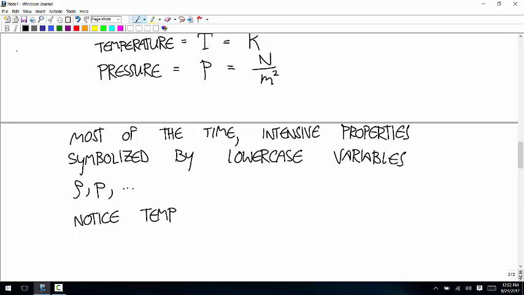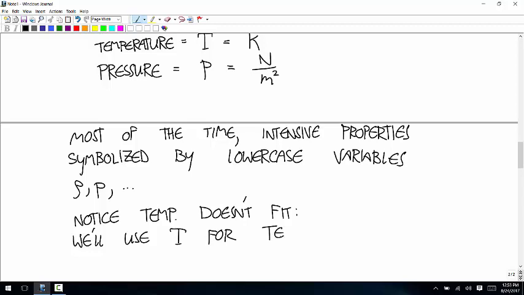So we're going to use lowercase p for pressure, but we're always going to use a capital T for temperature, even though that's intensive. In predominantly capital letters.